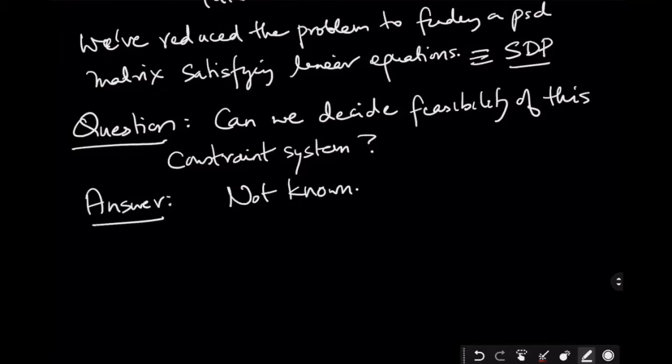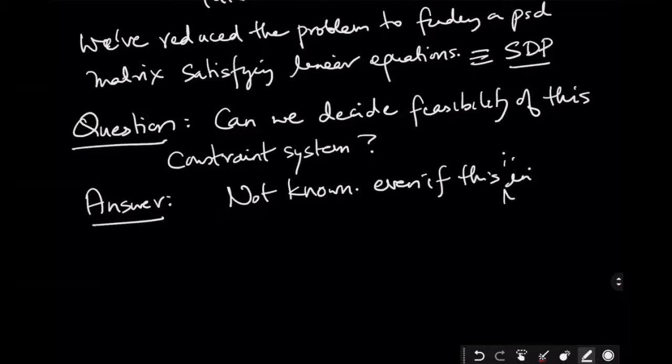But let's revise our goals. Who wants to tell me if we know whether this problem is in NP or not? Forget polynomial time. Is it in NP? Let me not build too much suspense, but we don't know whether this problem is in NP, in fact.